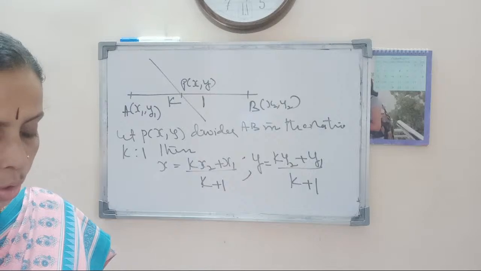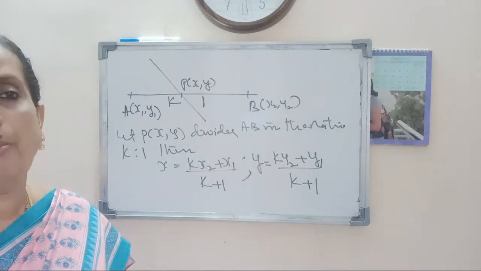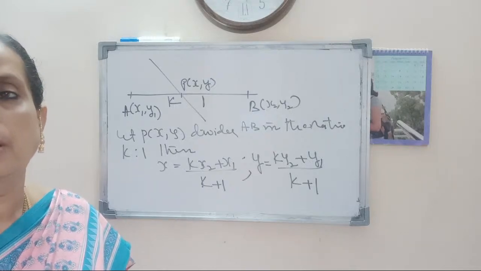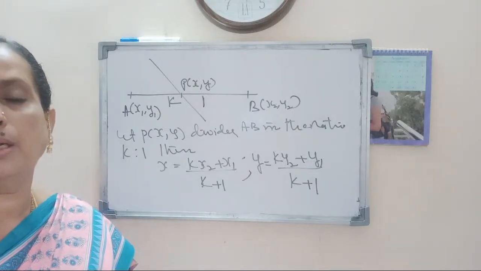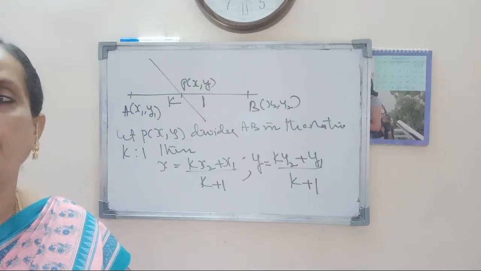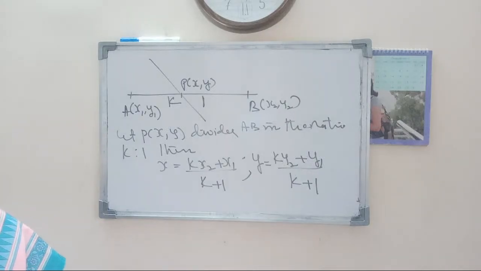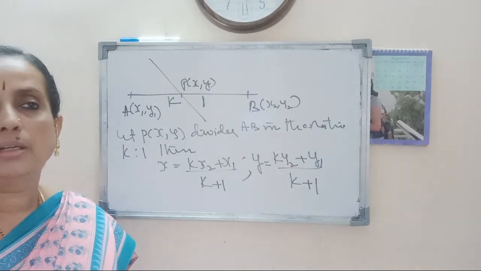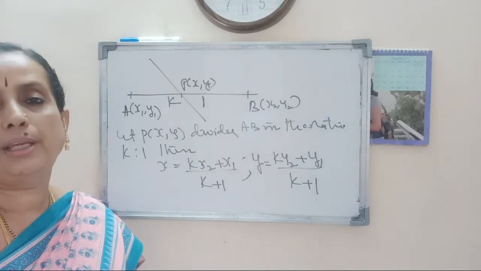Based on this you will have the problems in tomorrow's class. For a point at the origin, you have one more formula, root of x square plus y square. Now, when a point P divides a line segment in the ratio m1 and m2, we have the section formula; when it divides AB in the ratio 1:1, the midpoint formula; and when it divides AB in the ratio k:1, the K formula.